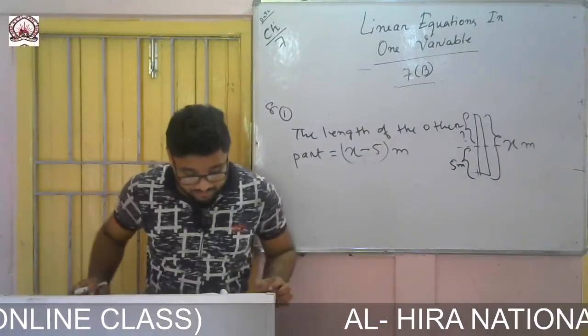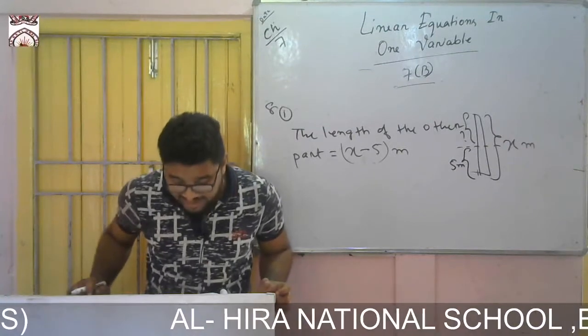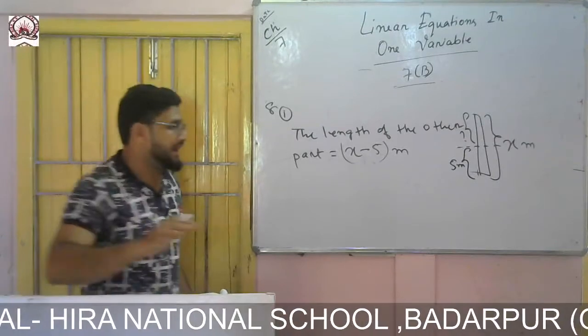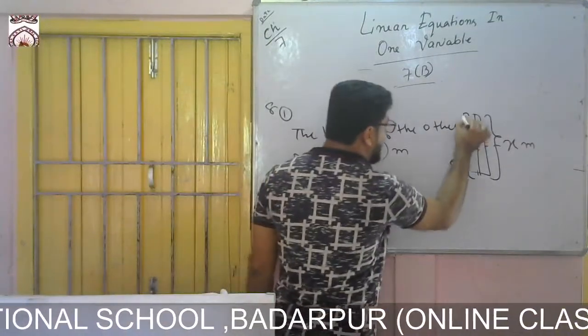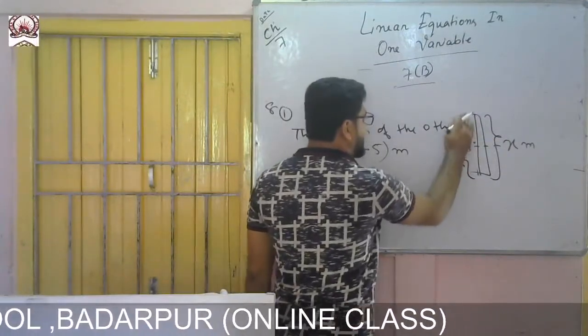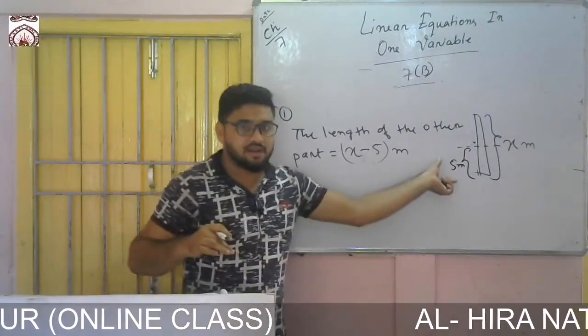Now the second question. If the other part is 6 meters long, write an equation and use it to find the value of x. In the second question it is said that the remaining part is 6 meters long. Earlier it was 5.